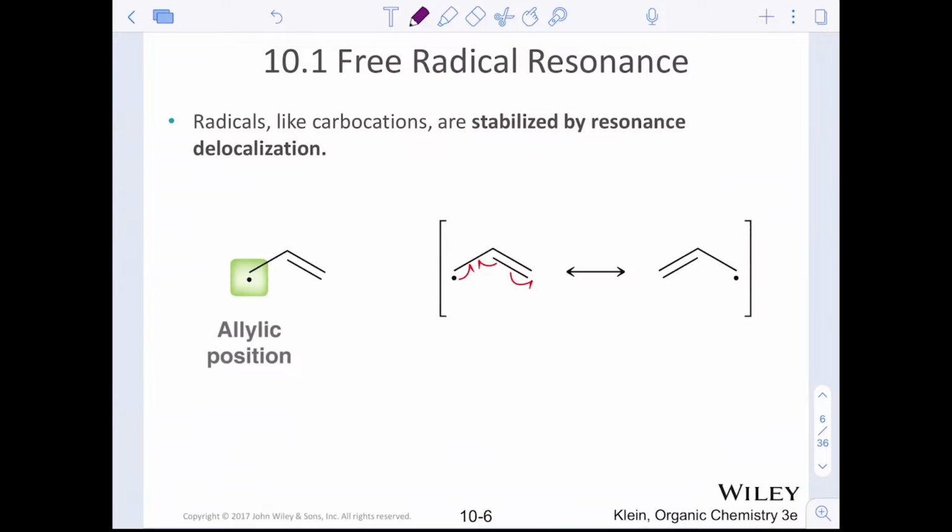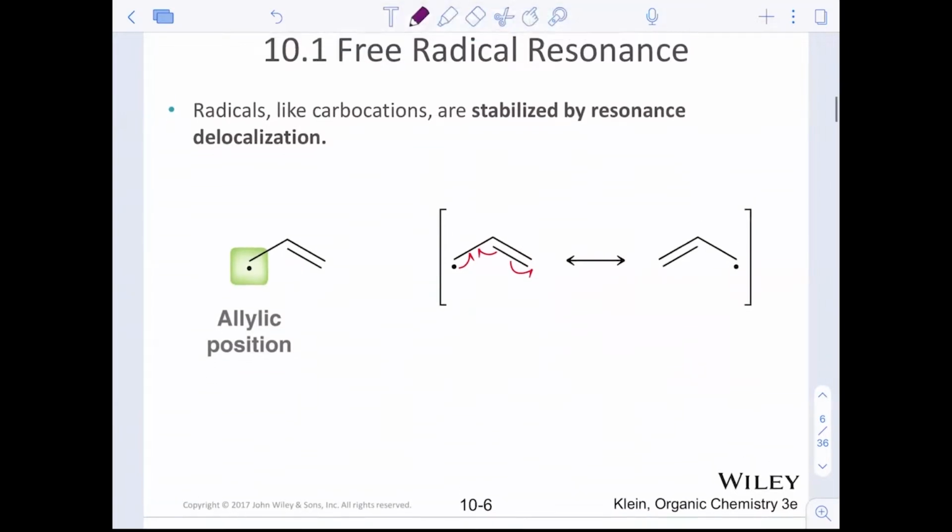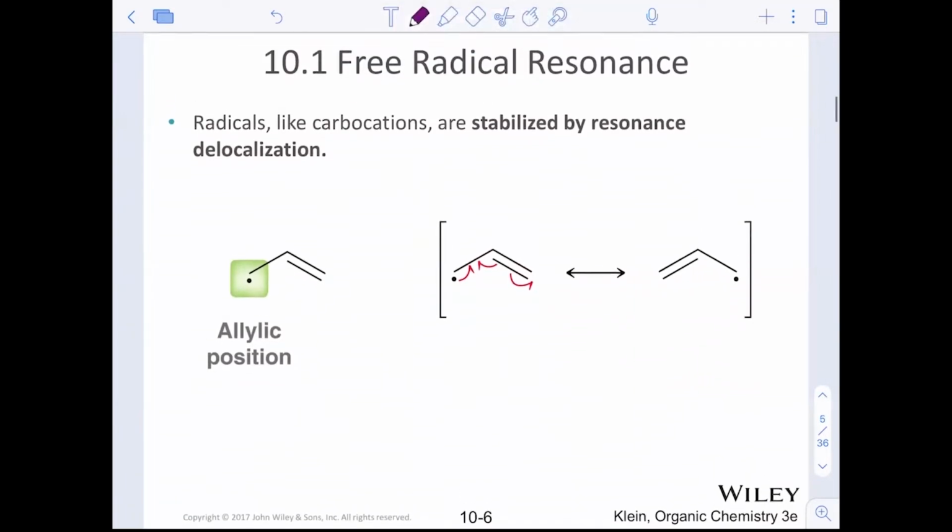And so when we see that resonance, we have to be able to talk about the delocalization of that single electron, that lack of an octet. Even though we are not delocalizing a formal charge, we are able to delocalize the actual lack of an octet across that radical molecule.